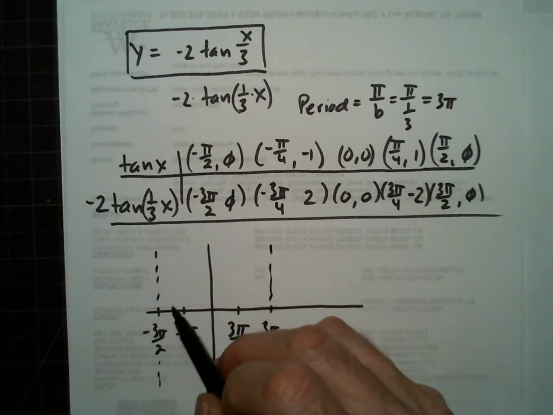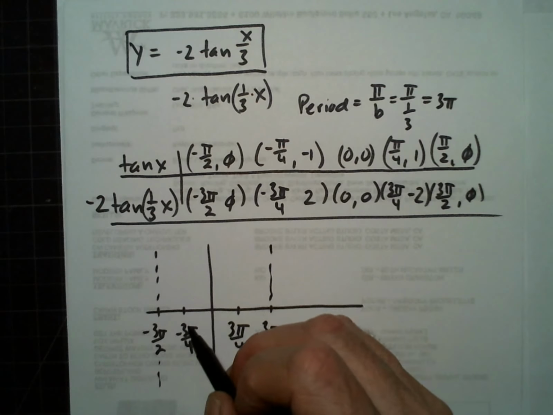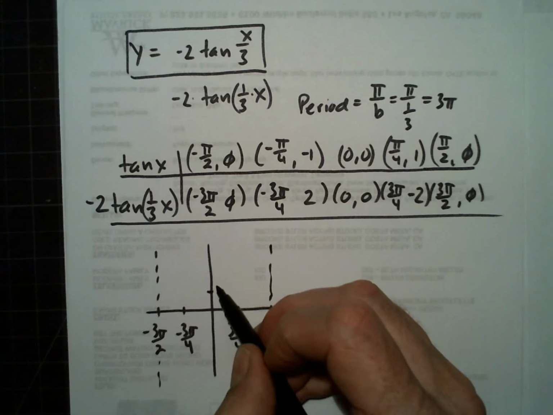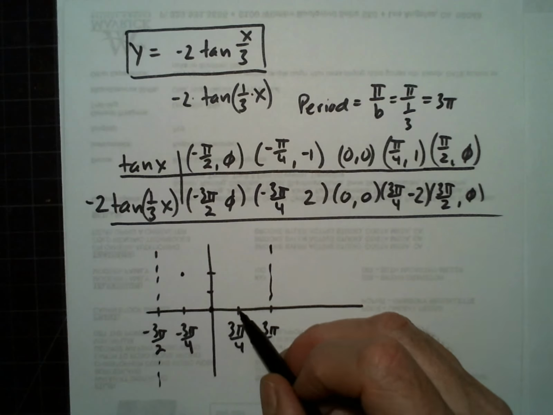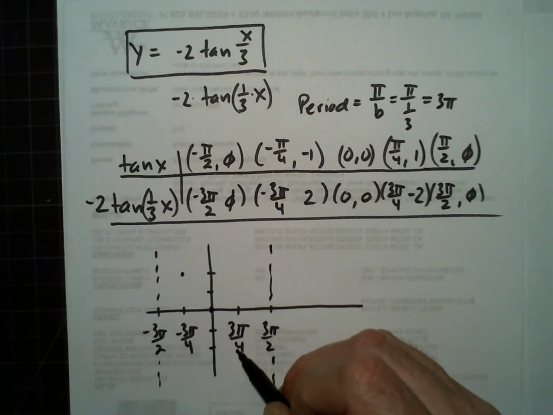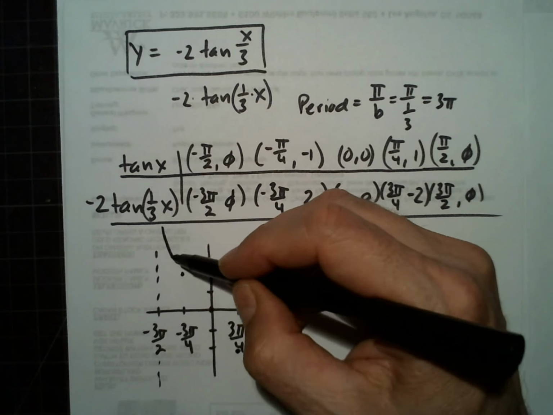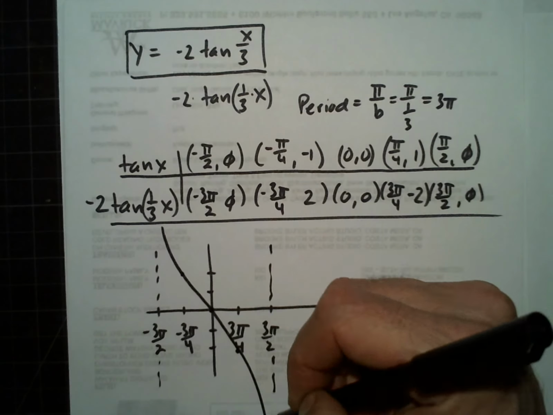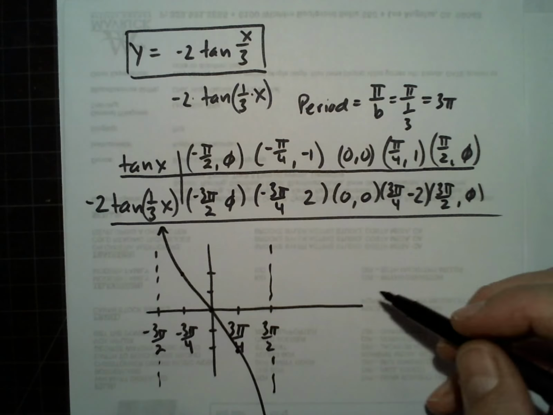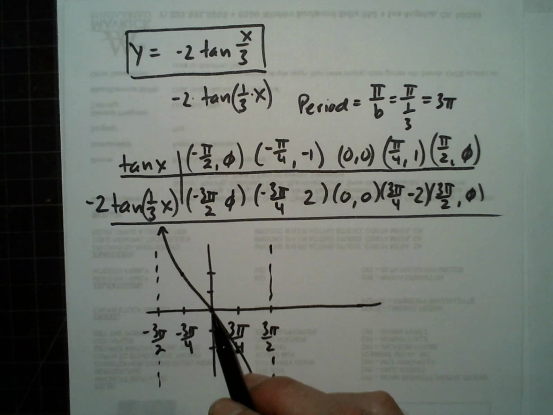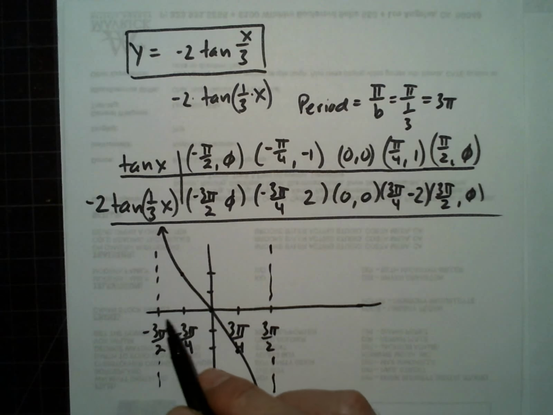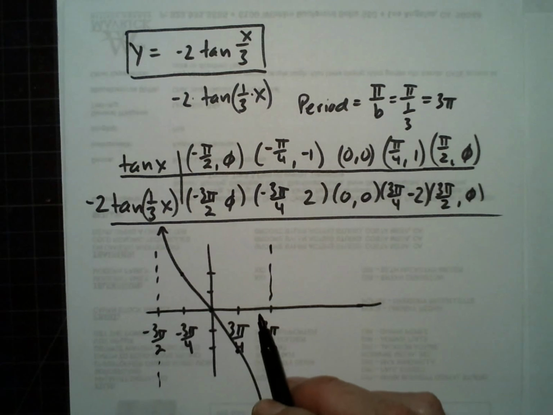And -3 pi over 4 will go to 2, 0, 0, and 3 pi over 4 goes down to 2. So if this is 3/2 and 3/2, this total distance is 6 pi over 2.